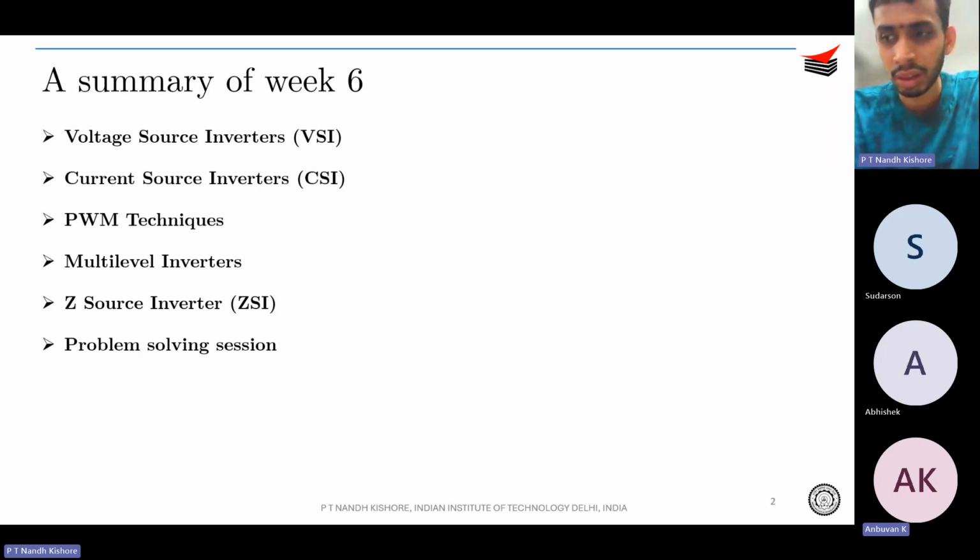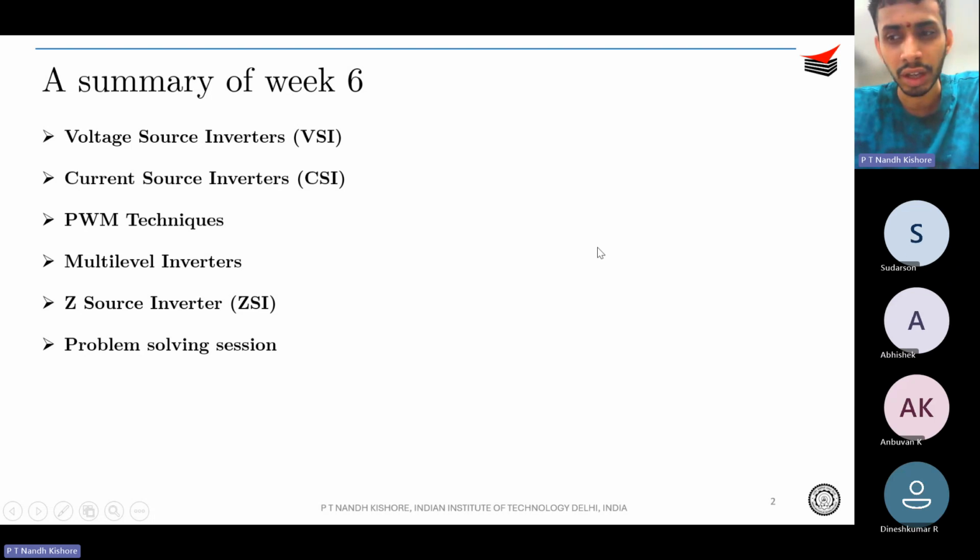So in this week, we'll be seeing problems on inverters, mostly on voltage source inverters, and a few problems on some PWM techniques. Theoretically, you would have studied voltage source inverters, and the classifications, single phase or three phase, along with the harmonic content and harmonic analysis.